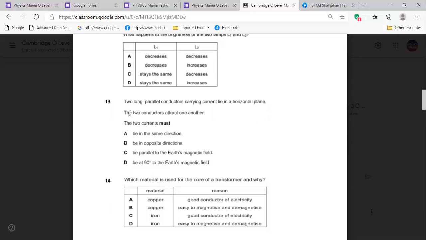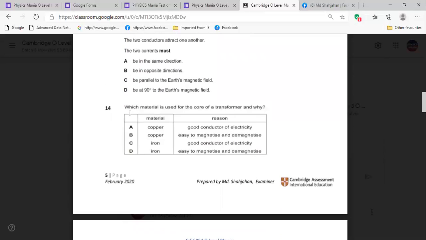If 2 conductors are attracting each other, then two straight wires attract each other. In which condition? The current must be in the same direction. It's there in your notes, right? You forgot.